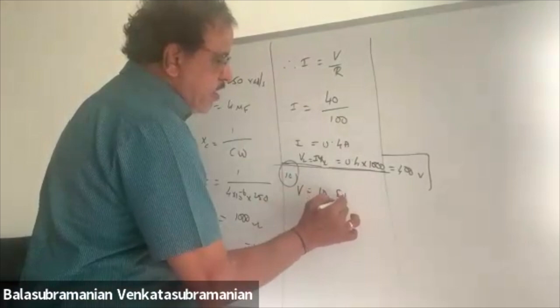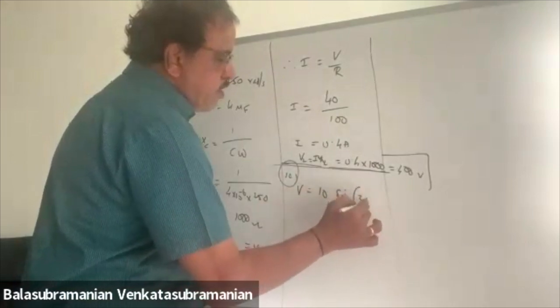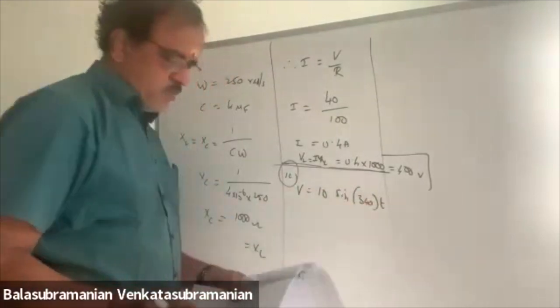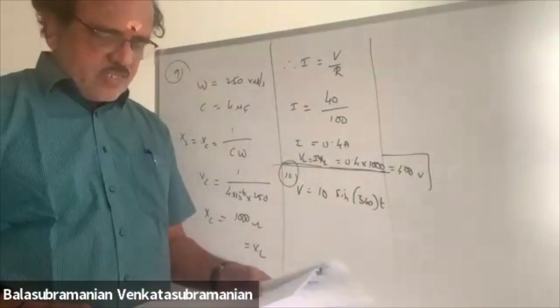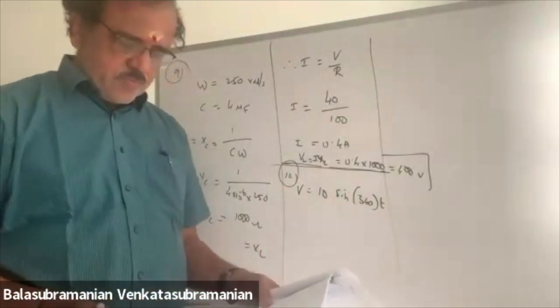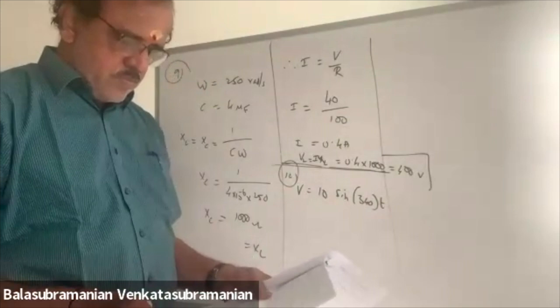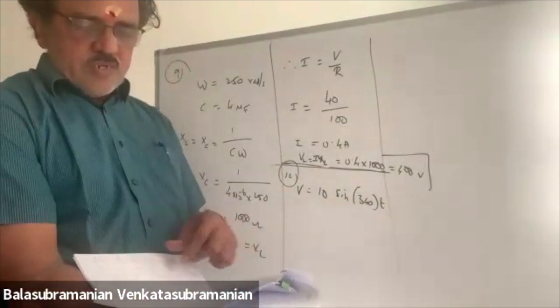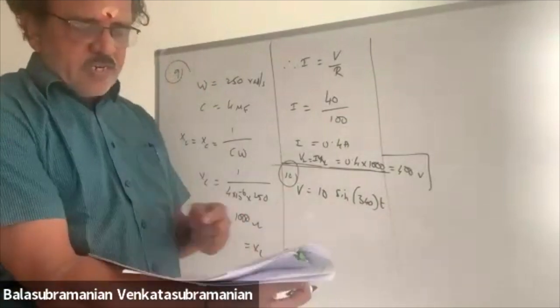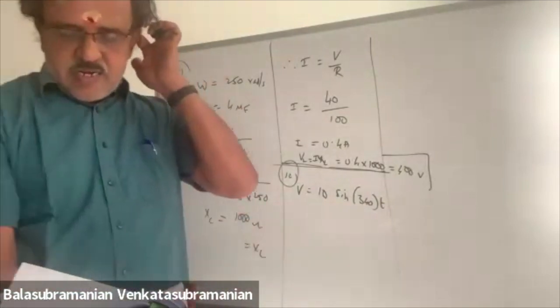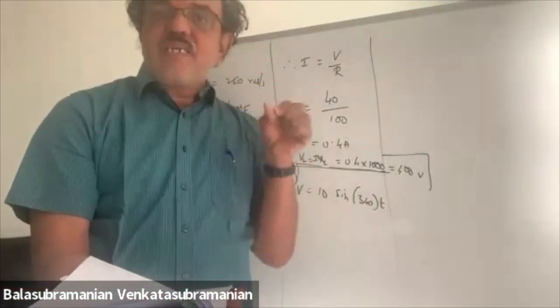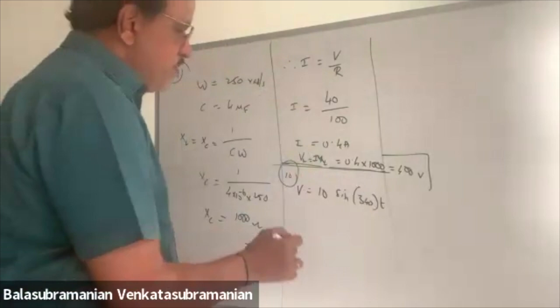Find the power loss in the AC circuit. It's a beautiful question. All the factors you have to calculate. XL you have to calculate. XC you have to calculate. Impedance Z you have to calculate.